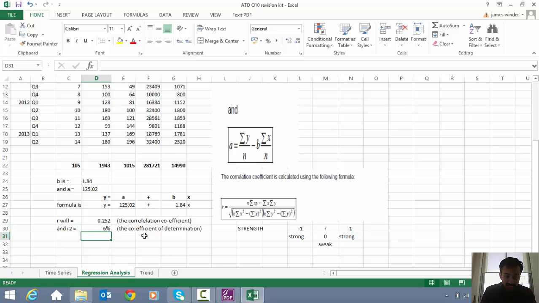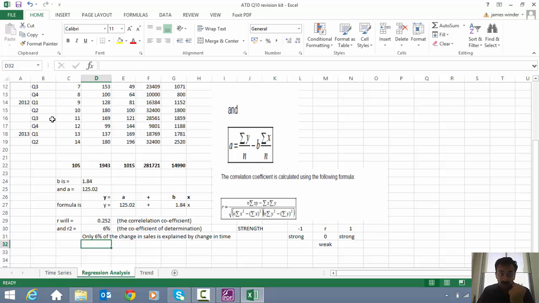What this means is only 6% of the change in sales is explained by change in time. In other words, 94% of the changes in sales are due to factors other than time.